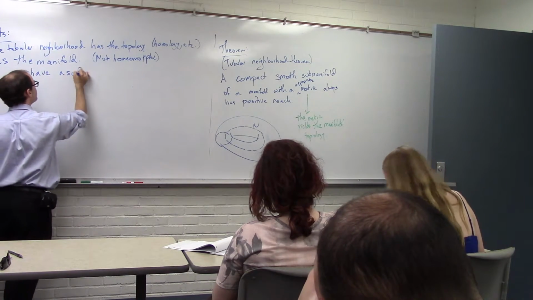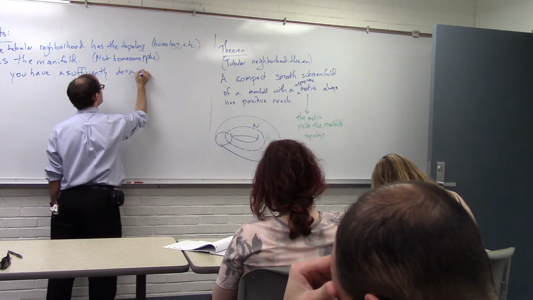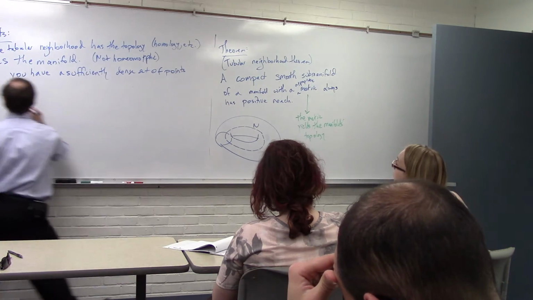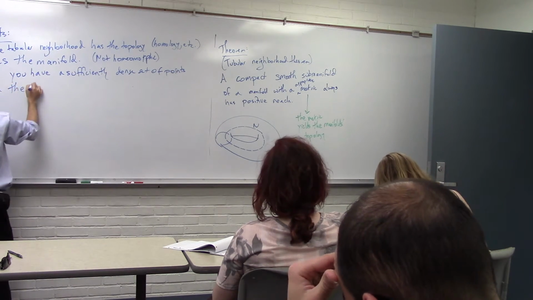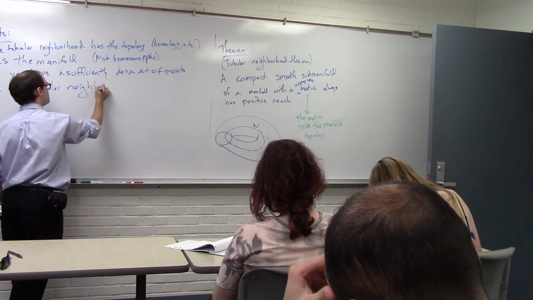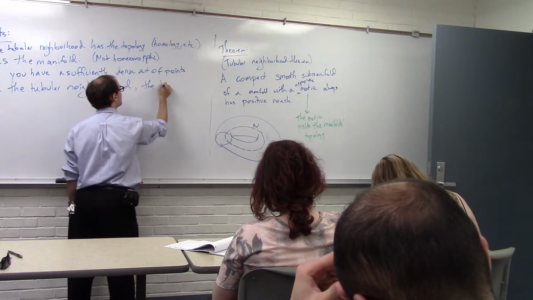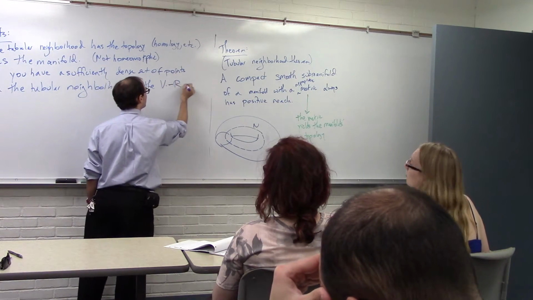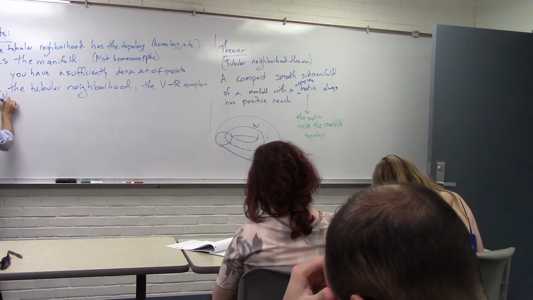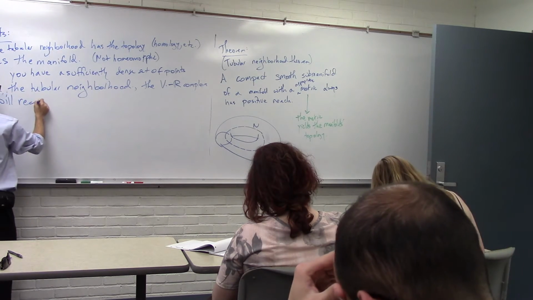Having a sufficiently dense set of points in the tubular neighborhood, then the Vietoris-Rips complex will recover the topology.